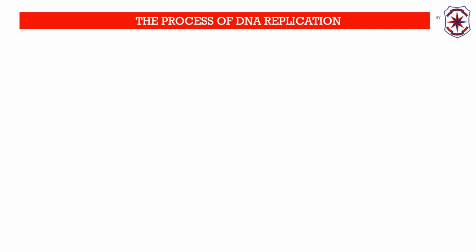Now, when DNA makes identical copies of itself, how does it do it? It does this in the following steps. We know that originally DNA is a double helix, meaning it has two strands and those two strands are twisted. When DNA is a double helix like that, it cannot replicate itself.